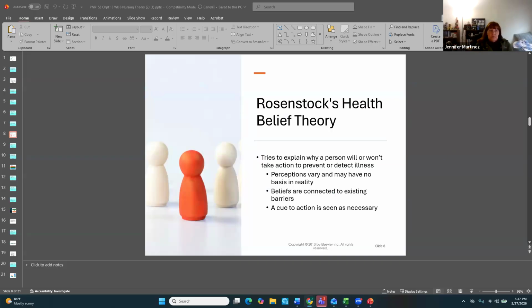Then we have Rosenstock's health belief theory, which tries to explain why or why not a person will take action to prevent or detect illness. According to Rosenstock's theory, for one, perceptions vary. They may have no basis in reality.